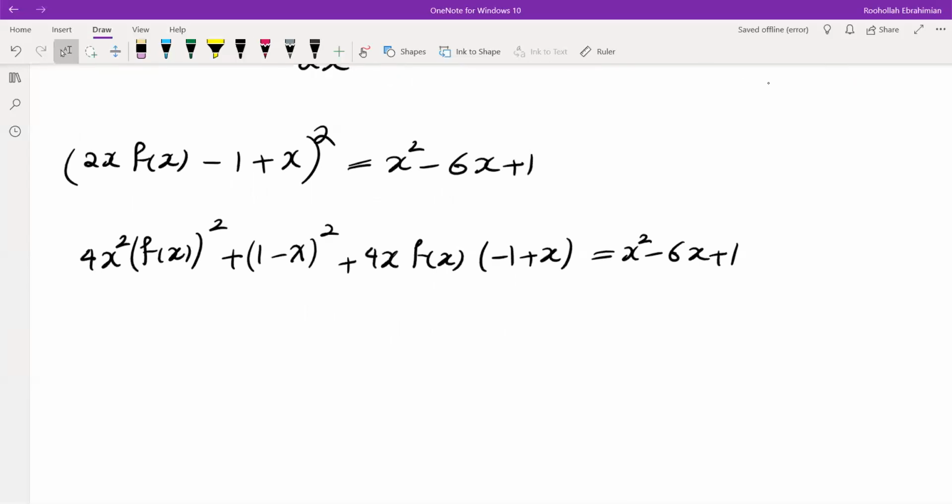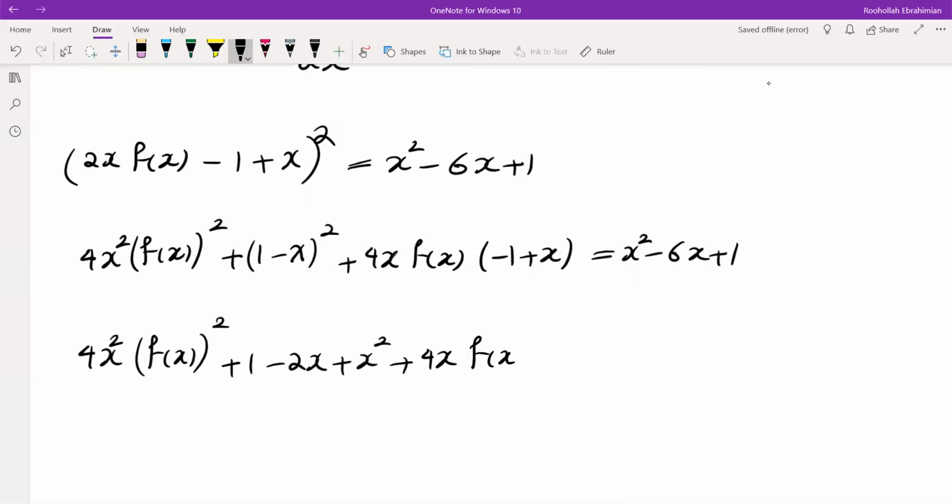So we're going to simplify that and see what we get. So we get 4x squared times f of x all squared, plus 1 minus 2x plus x squared, plus 4x f of x times x minus 1 equals x squared minus 6x plus 1. So the plus 1 cancels, that's nice.